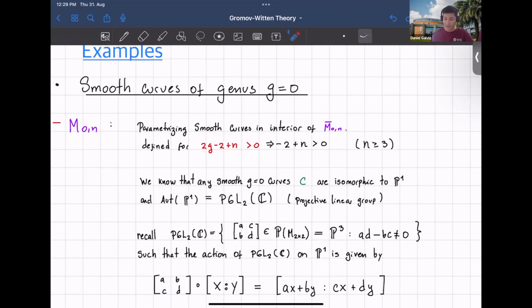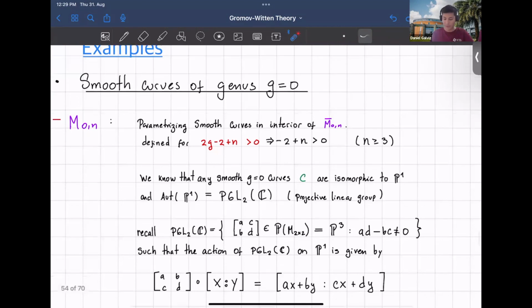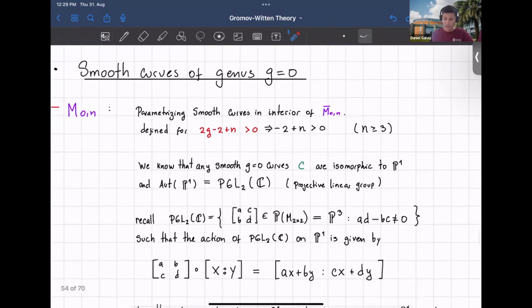Note that I'm not describing right now the moduli space of stable maps. I'm describing the moduli space of stable curves. So I'm not taking care right now of the embedding into the ambient space. Of course, when the genus is 0, you have this constraint, and n has to be greater than or equal to 3, or at least 3.